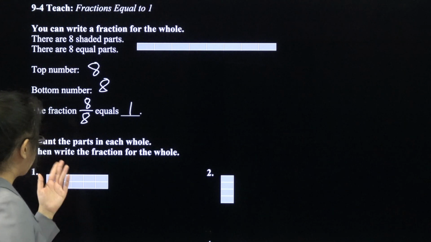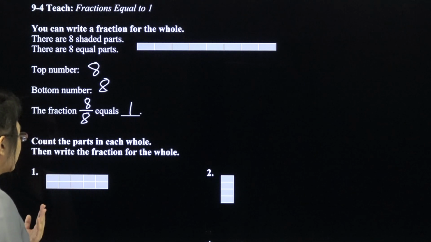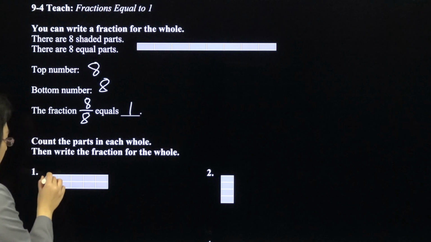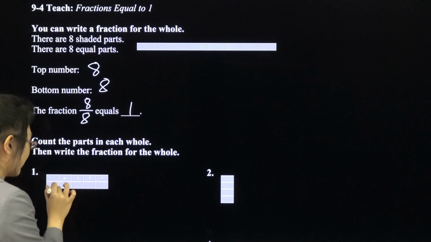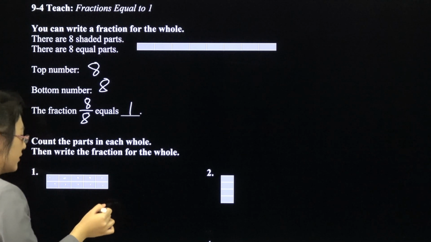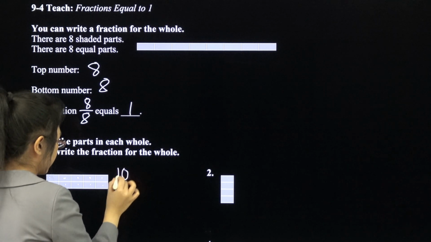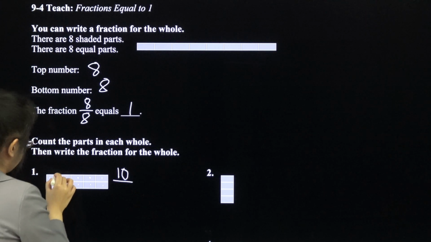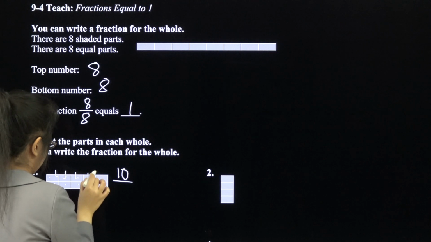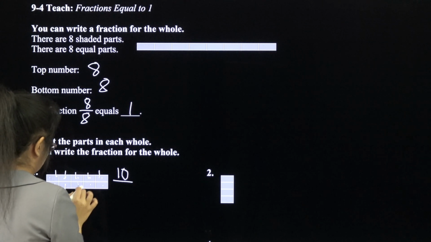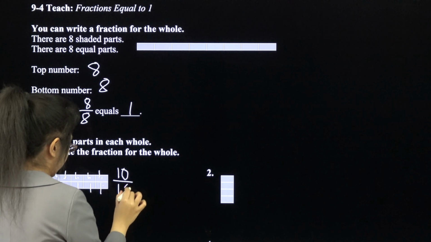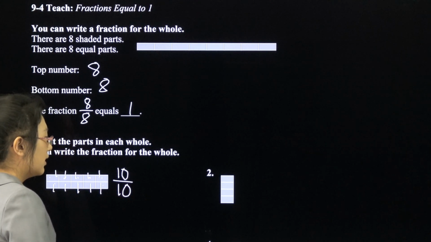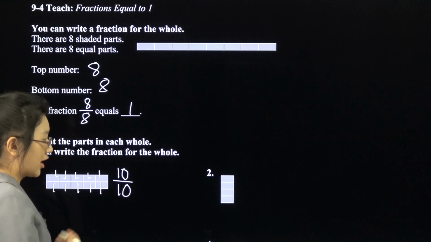Now here we're going to count the parts in each whole, then write the fraction for the whole. So there's 1, 2, 3, 4, 5, 6, 7, 8, 9, 10 shaded parts, and 10 total parts. So shaded parts over total parts is 10 over 10.